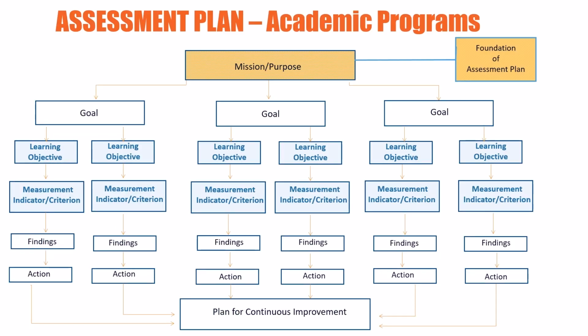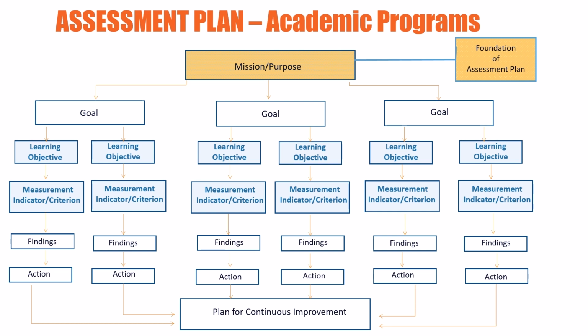Understanding the definition of an assessment plan is important, but it is equally important to remember that an assessment plan is a connected framework of assessment components working together to evaluate and improve effectiveness. This diagram illustrates the structure of a typical assessment plan for an academic program.